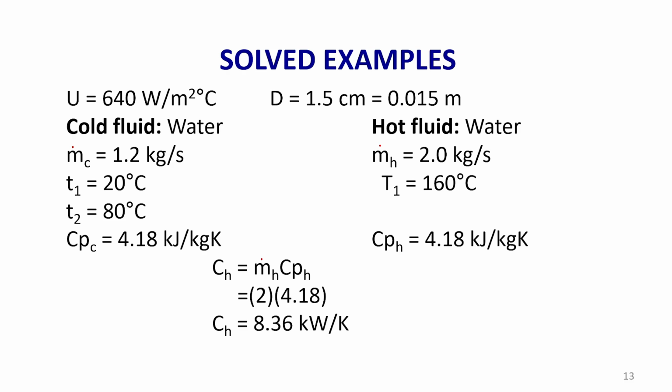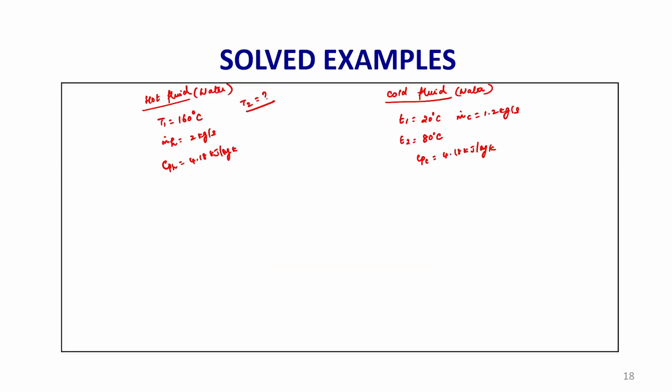Okay. So as usual we have to find out the heat capacity. The first step in the NTU method is always to find the heat capacity. If you want to solve the problem by the NTU method, then both the flow rates of the fluid should be known, otherwise we cannot find the heat capacity.